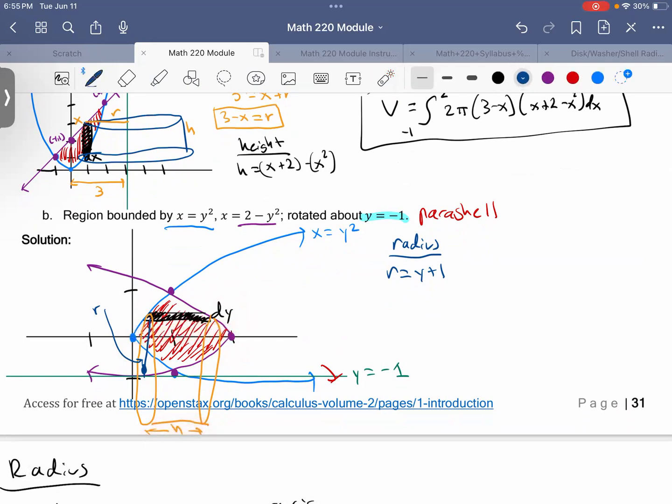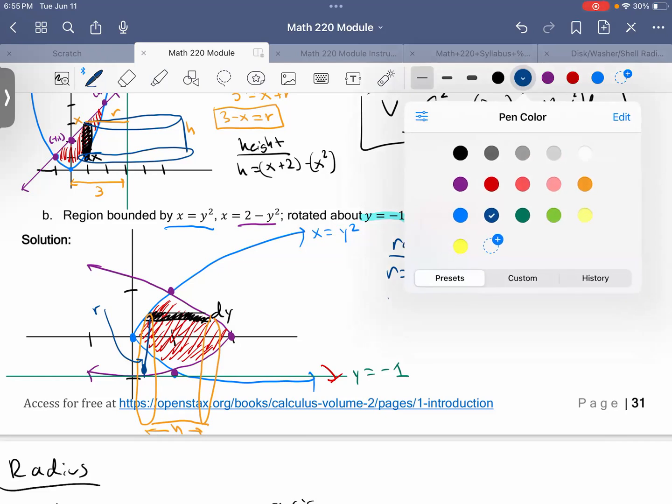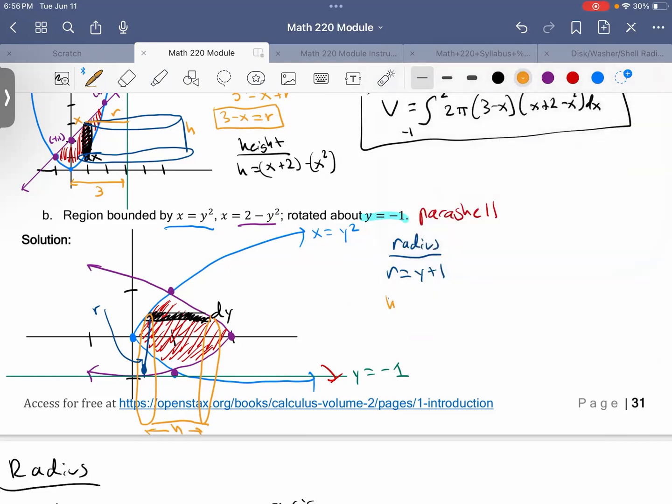So the height will be h equals 2 minus y squared minus y squared. So that is 2 minus 2y squared. So height is right minus left, and maybe up here I could say top minus bottom.